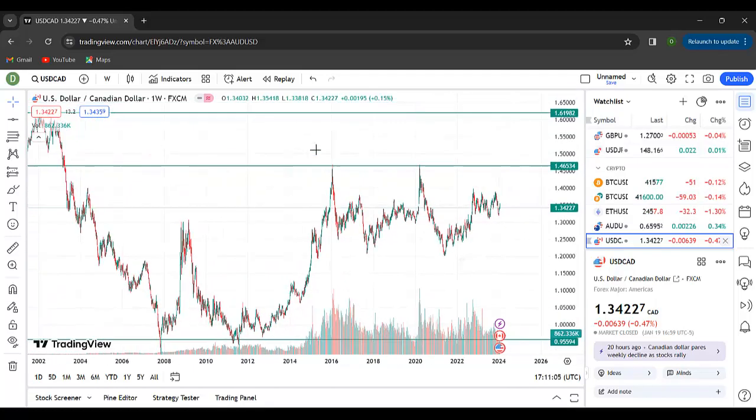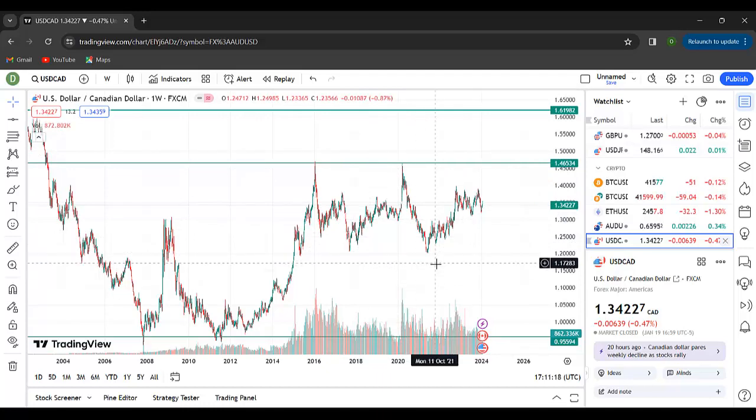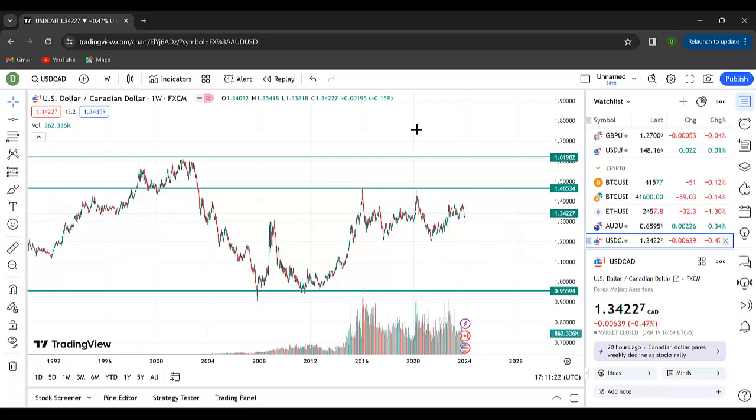But it looks like there is a consolidation around here, and this tells us that there's liquidity above here and there's liquidity beneath as well. So price will most likely come to this zone or even break it in the future.